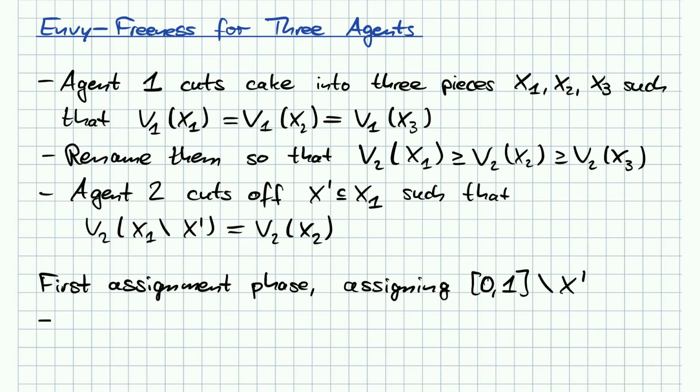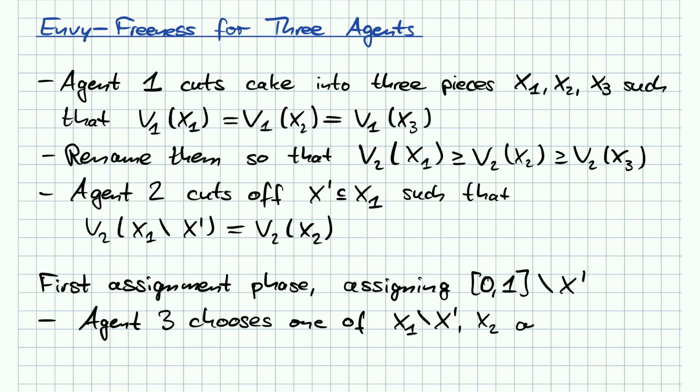What will happen now? Agent 3 chooses one of x1 take away x prime, x2, and x3.